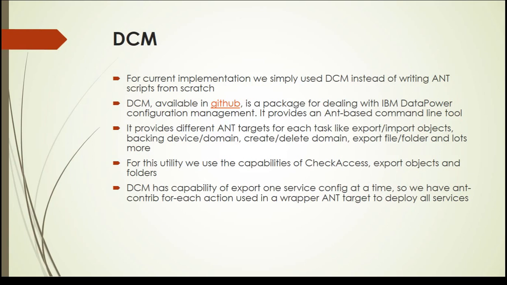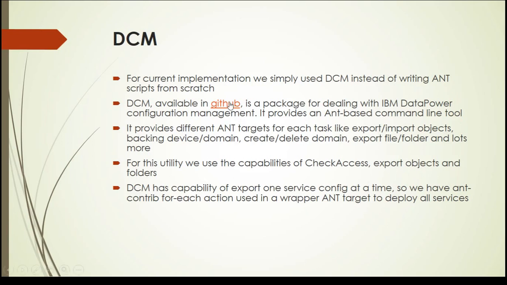For this implementation, ideally when somebody uses Jenkins, we start writing scripts right from scratch. But here I have not written any scripts from scratch. I used an IBM provided open source tool, which is DataPower Configuration Manager.